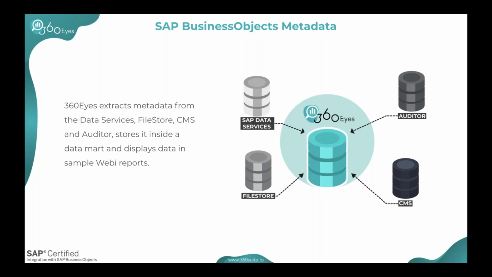It will extract information from the file store, from the CMS, from Auditor, and populate a data mart, and then you have over 80 pre-built Webi reports and universes available so you can do analysis on that metadata. We've recently added the ability to extract Data Services as well. So if you use Data Services for ETL, you can get the full lineage from your Data Services all the way to where the object's used on reports.